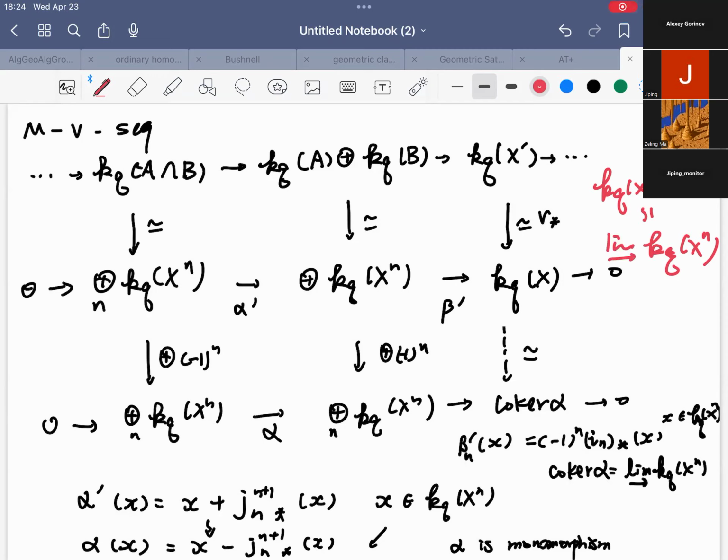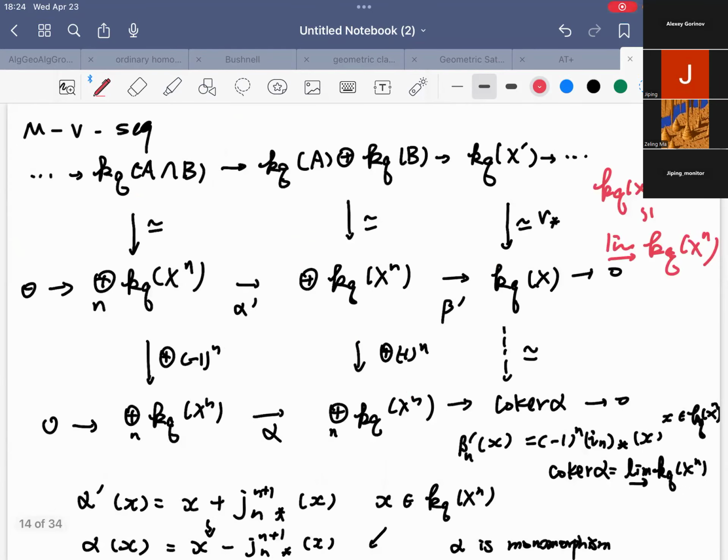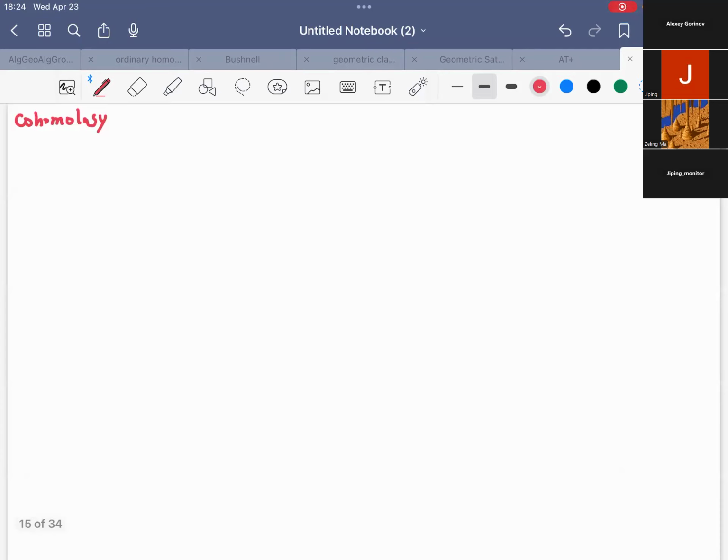Okay. Any question? Okay. I will continue. Maybe I can see the cohomology part. Okay, for the cohomology, maybe it's worth just pointing out the differences between this part and the easier homology part.